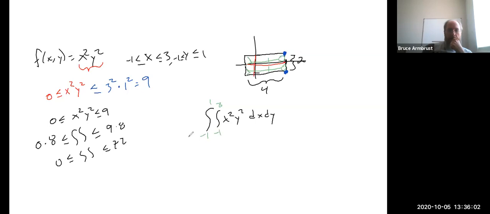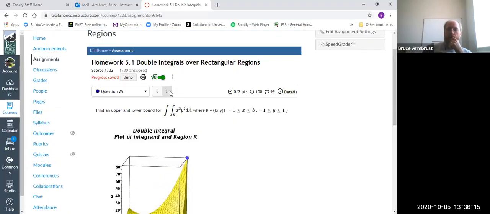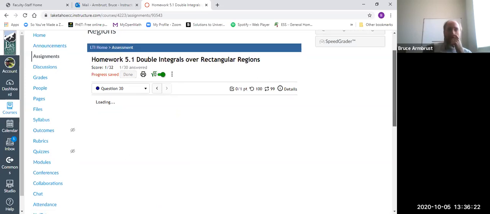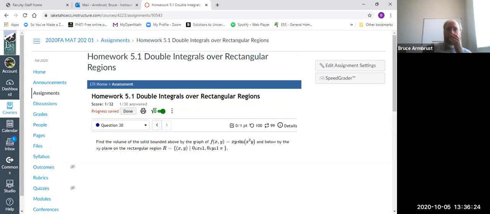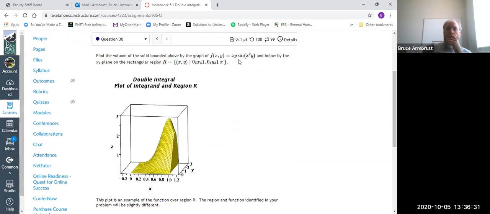All right, so let's go take a look at the last one here that was requested, number 30. Same set, but next question. All right, so this one, we've got our function, xy sine of x squared y.